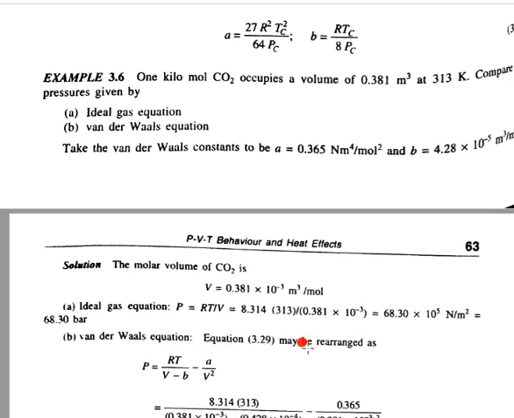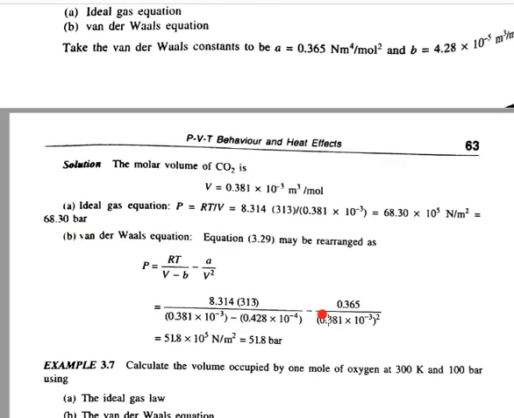Next, using the van der Waals equation we have to find the pressure. So the van der Waals equation is P is equal to RT upon V minus b, minus a upon V square. R is given, T is given, V value we have to put, b value we have to put, then a is the van der Waals constant, that is 0.365. And the value of b, which is given in meter cube, we have to change to meter raised to 4, so that's why the unit will be changed.